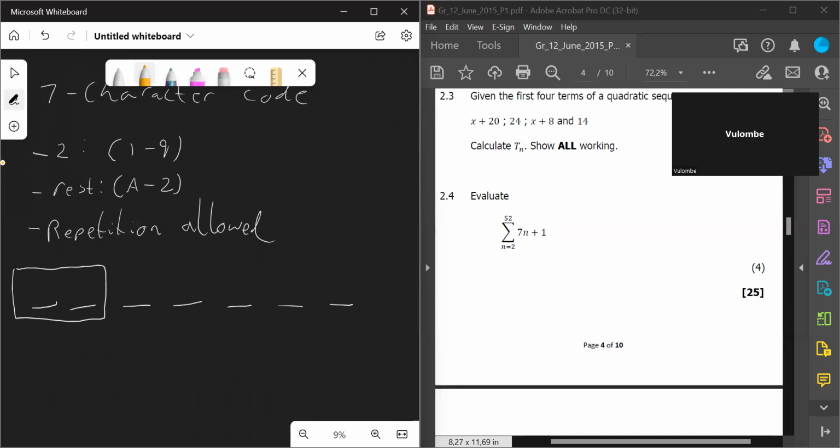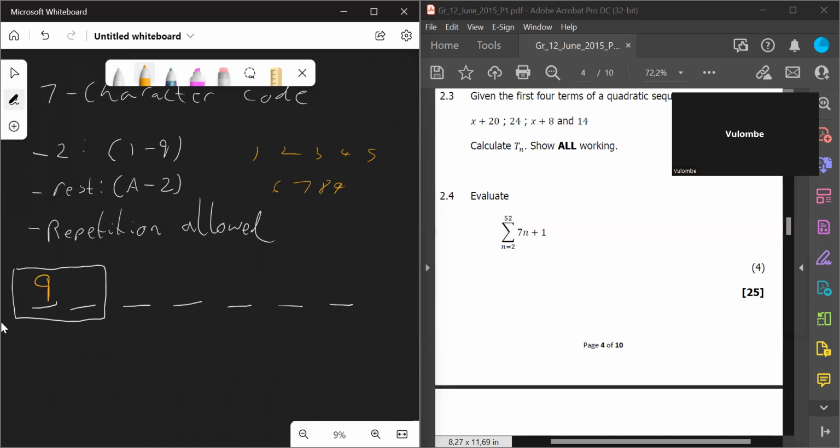How many digits are there from 1 to 9? There are 9 of them. So that's the number of choices we have: 9 choices to pick from for this first digit.